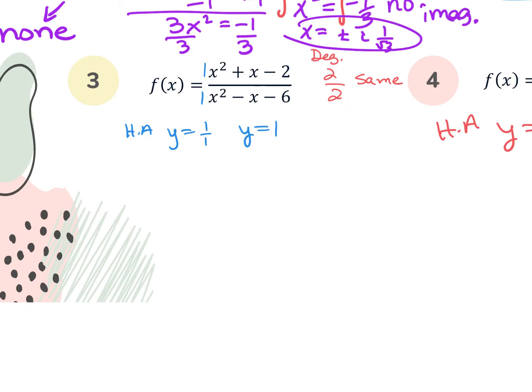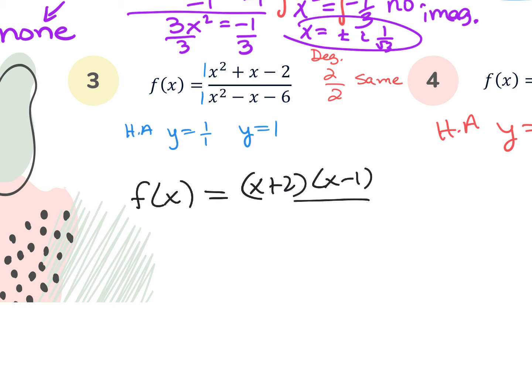Whenever you're trying to find a vertical asymptote, before you can set the denominator equal to 0, you must factor and see if something will cancel first. You're setting the denominator of the simplified function equal to 0. So the numerator, x squared plus x minus 2, will factor into x plus 2 and x minus 1. The denominator factors into x plus 2 and x minus 3.